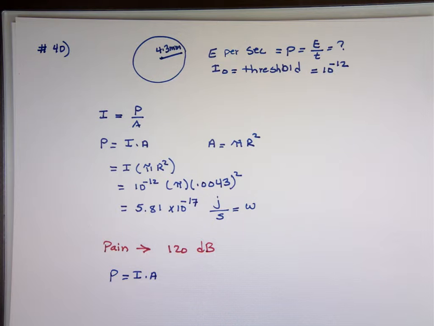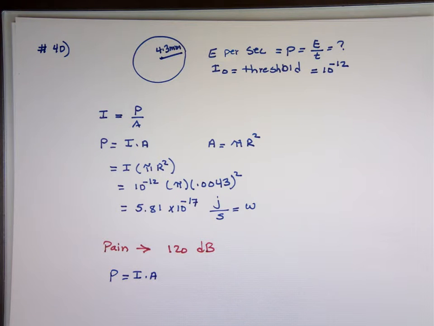Now the second one, we need to figure what that number is in watts. 120 decibel. How do we calculate decibels? It's 10 log of that number.